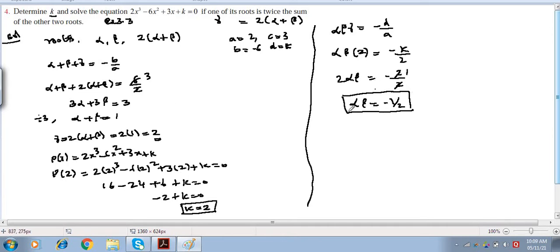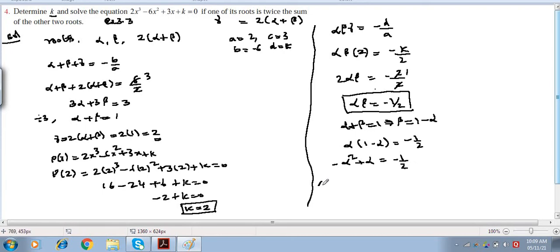We have to find alpha and beta. Here we got alpha plus beta equal to 1. From this we know alpha plus beta equal to 1, that implies beta equal to 1 minus alpha. Substituting here, alpha into 1 minus alpha is equal to minus 1 by 2. Multiplying, alpha minus alpha square equal to minus 1 by 2.